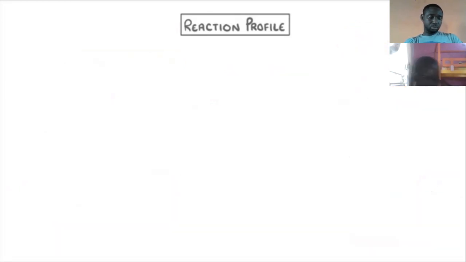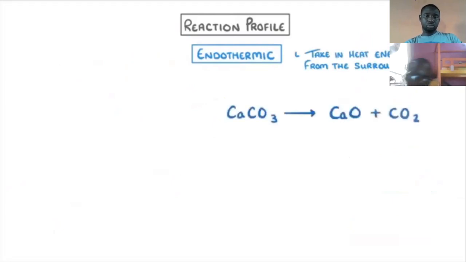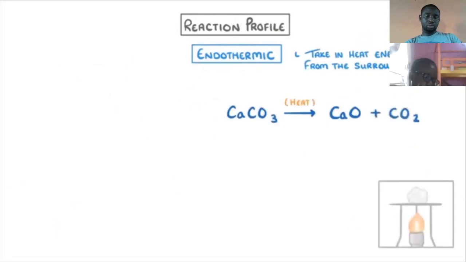The opposite of an exothermic reaction is an endothermic reaction. These are reactions which take in heat energy from the surroundings. For example, if we wanted to break down calcium carbonate into calcium oxide and carbon dioxide, we'd have to supply heat, perhaps by using a Bunsen burner to heat the solid calcium carbonate.